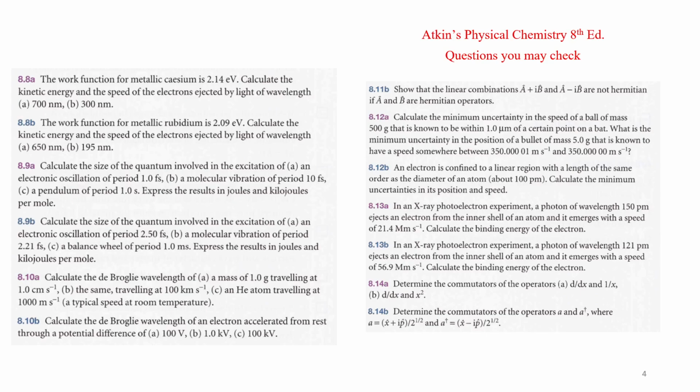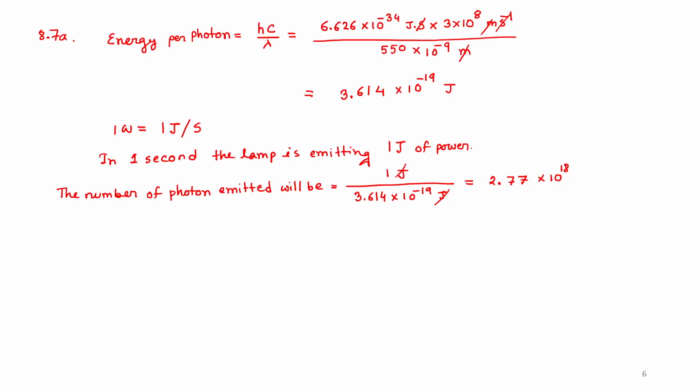So let us start from the first one, right? Here 8.8. So energy of photon, where the lambda is 700 nanometer, is again similar, hc.